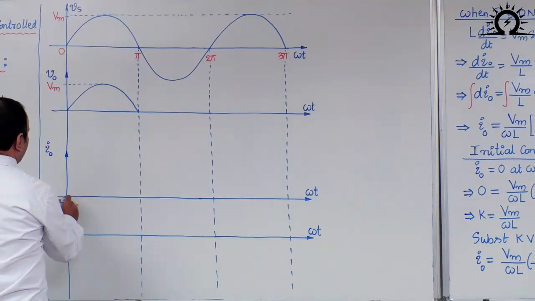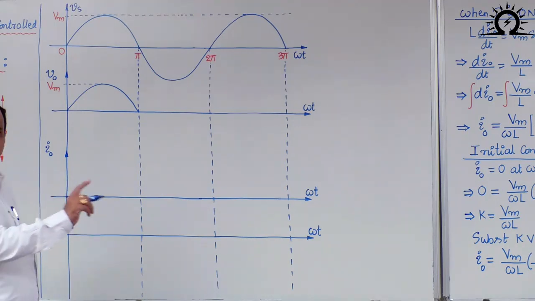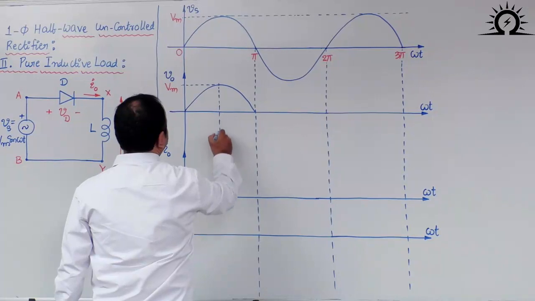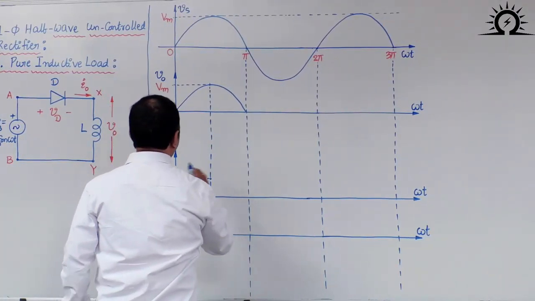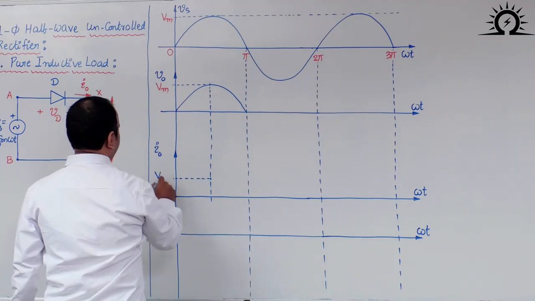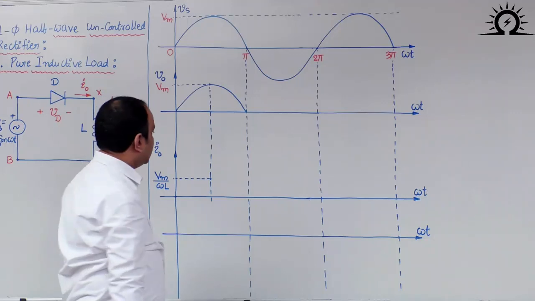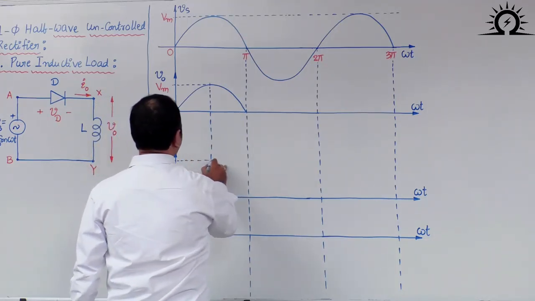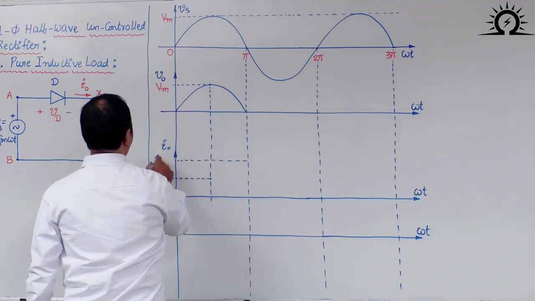At omega t is equal to 0, we got I naught value was 0 from the previous calculation. At omega t is equal to pi by 2, I naught value is Vm divided by omega L. At omega t is equal to pi, I naught value we will get 2 Vm by omega L. That is what we calculated.